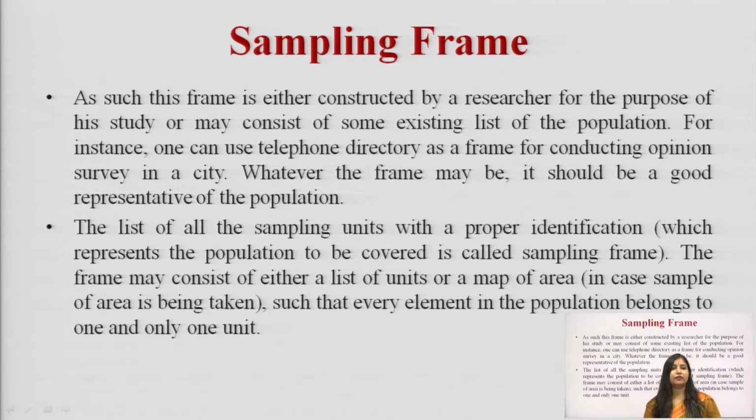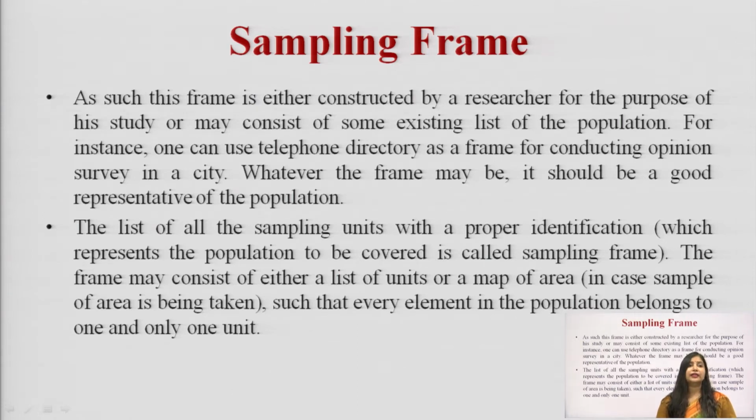But the frame should be a good representative of the population. Suppose youngsters use social networking sites more, but the people who are going to vote may be 85 years of age, 89, 60, and also 20 years of age. So whatever sampling frame we are using, it should represent the population.